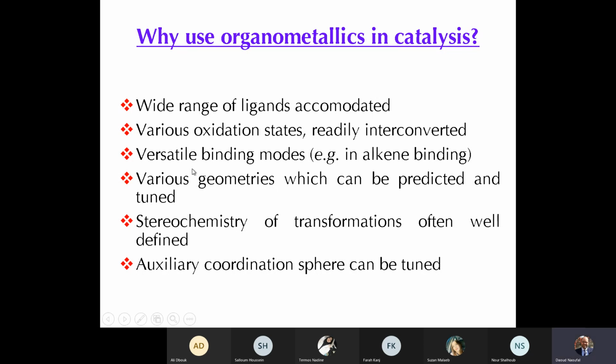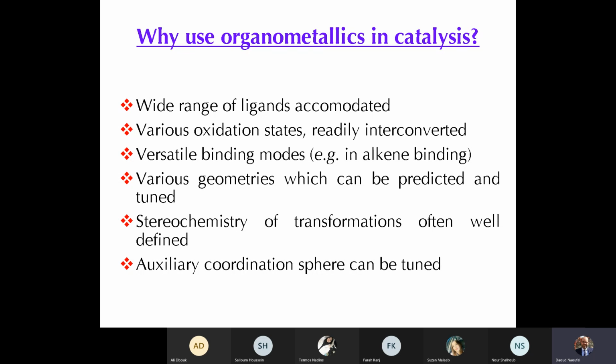We have also the geometry of the complex. Suppose we want to obtain a trans fragment, so we can use bulky organometallic complexes where the addition of the ligand to the other fragment is not possible from one side and is possible from the second side.